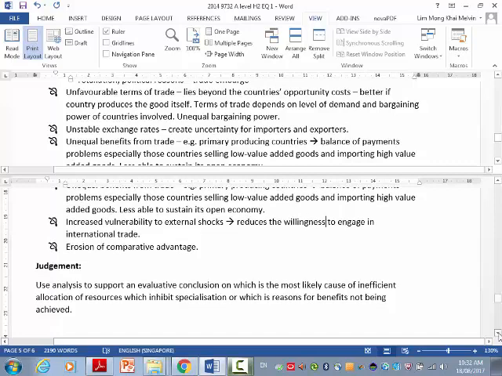Alright, judgment. At the end of the day, use analysis to support an evaluative conclusion on what is the most likely cause of inefficient allocation of resources, which inhibits your specialization, or which is the reason for benefits not being achieved.